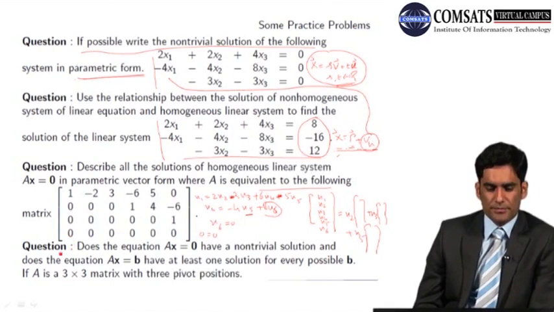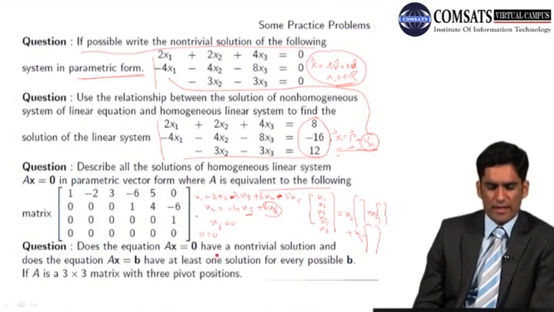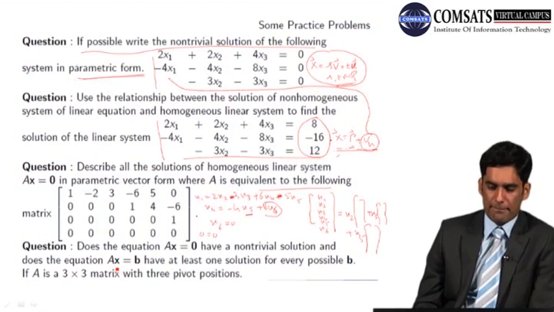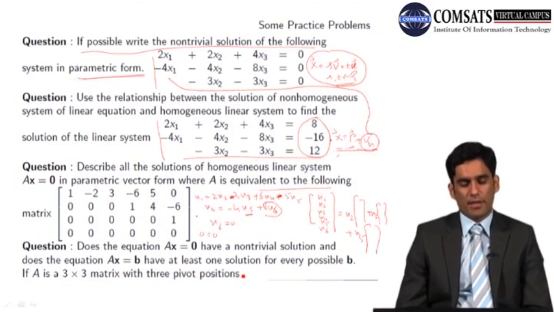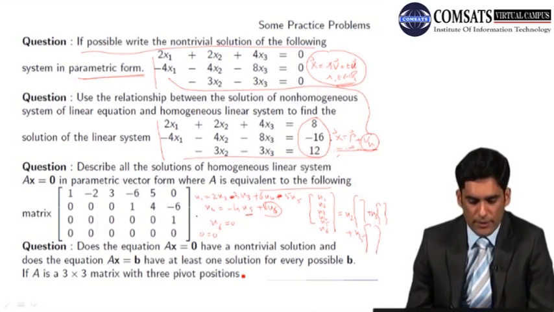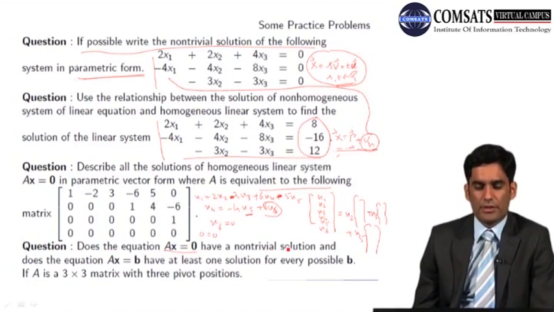The last question is: does the equation Ax equals 0 have a non-trivial solution, and does the equation Ax equals b have at least one solution for every possible b if A is a 3x3 matrix with 3 pivot positions? ये बड़ा इंटरेस्टिंग कॉन्सेप्चुअल क्वेश्चन है. इसके बारे में मैं आपको कुछ एक्सप्लेन कर देता हूं, एंड यू हैव टू फाइंड आउट द सॉल्यूशन ऑफ दिस क्वेश्चन. अब ये कह रहा है कि Ax equals 0 have a non trivial solution. इसका non trivial solution है, इसका मतलब है there will be free variable.